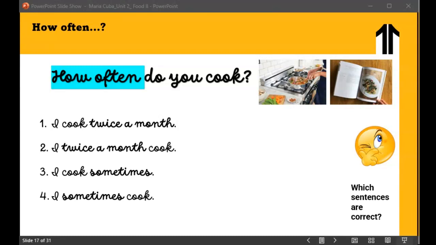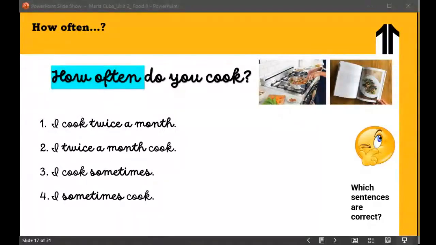Thank you for your answers. Aaron, Angie, come on. Asler, Daniela, we are waiting for your answers. Which sentences are correct? Ederson, come on, Ederson, Yvonne, Marcos, Ronald, Rociels. What sentences are correct? There are possible answers for the question.